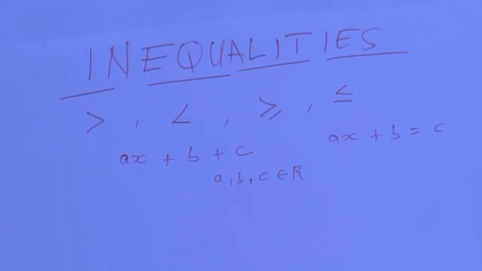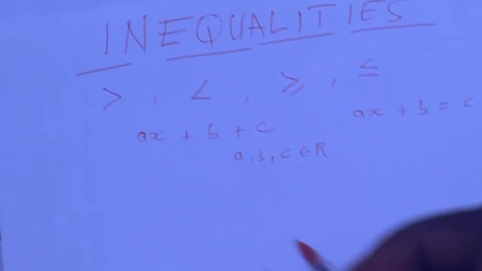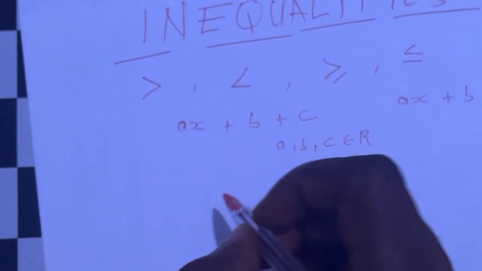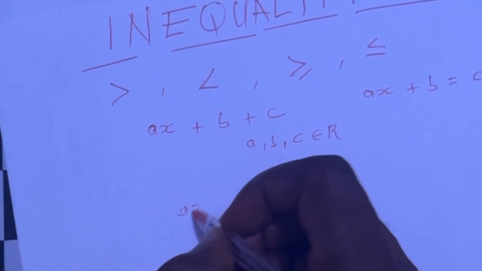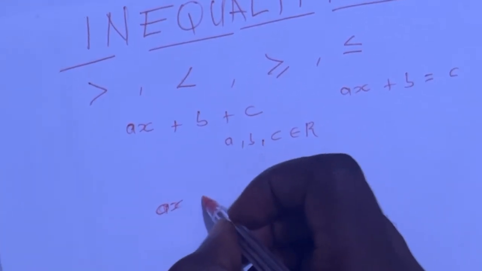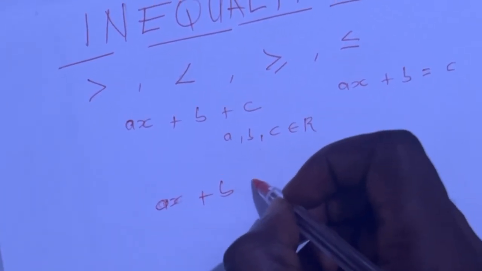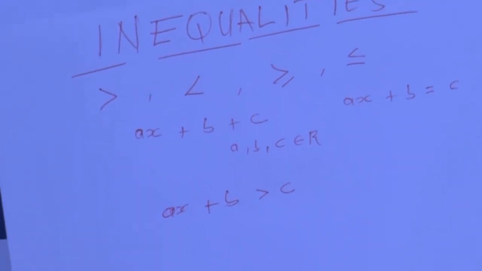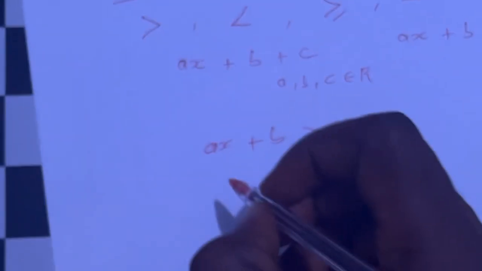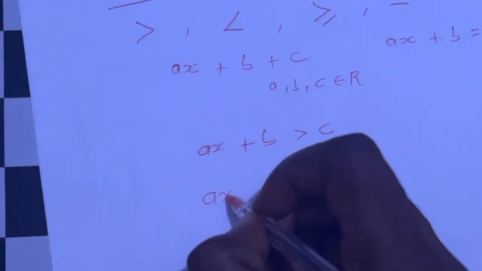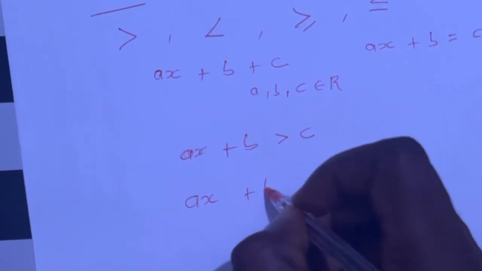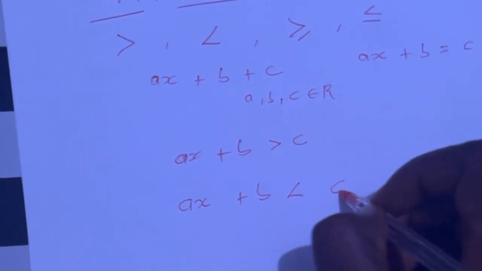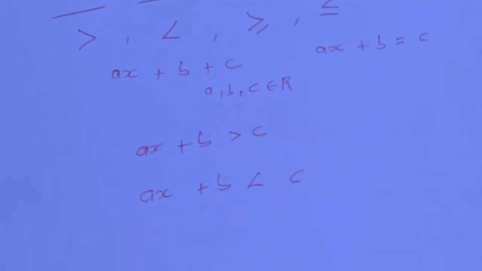So let us look at some examples of inequalities. If I have, say, ax plus b greater than c, this is an inequality. Again, if I have ax plus b less than c, this one as well is an inequality.